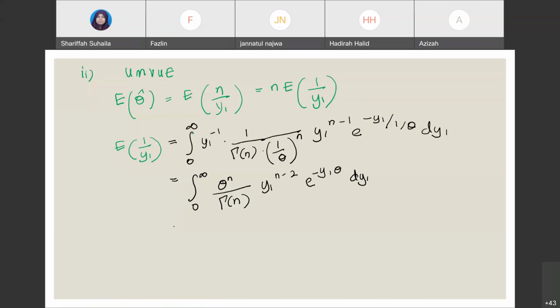So saya fakturkan dulu. Yang tak ada depends pada y, saya keluarkan. So theta n, gamma n, yang dalam integral, 0 infinity, y1 n minus 2, exponential negative y1 theta, dy1. So you have this term, kita nak simplifykan ini.